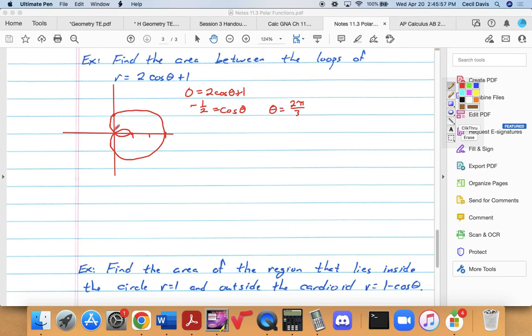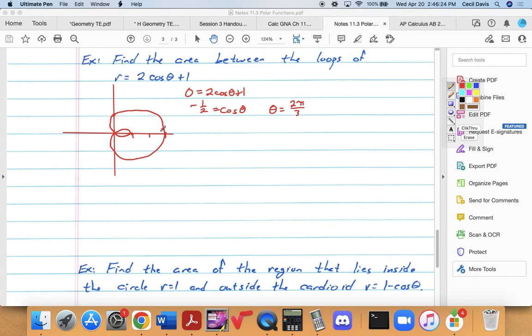All right. So this happens at 2 pi over 3. So how are we going to find the area in between them? Well, when we did the area between two curves with Riemann sums, we were taking the upper one minus the lower one, right? The upper curve minus the lower curve. Well, we're going to do the same thing here, except we're going to take the outer curve minus the inner curve.